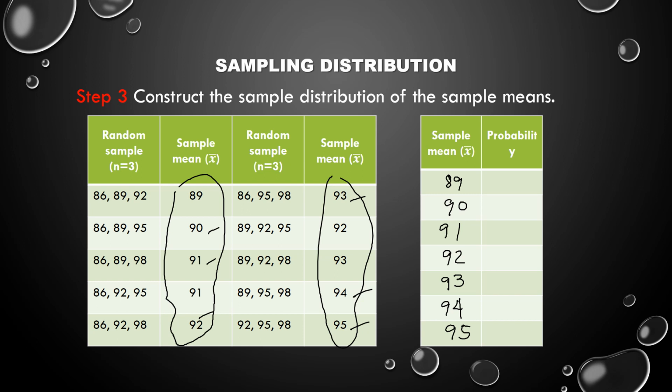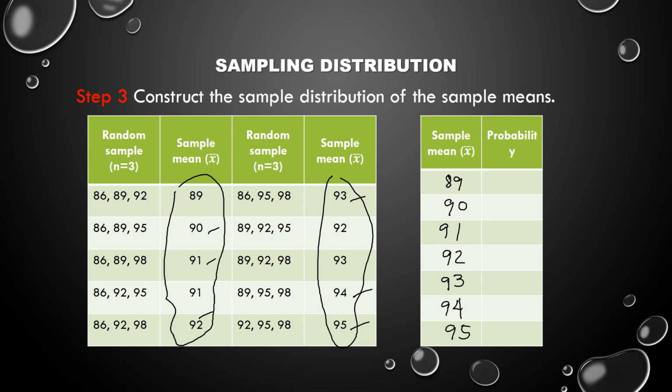Now, in getting the probability for the sample mean, you need to know how many samples have 89 as their sample mean. Literally, you are basing your answer for the probability on the previous table. So you will be counting how many 89s are found on that table.